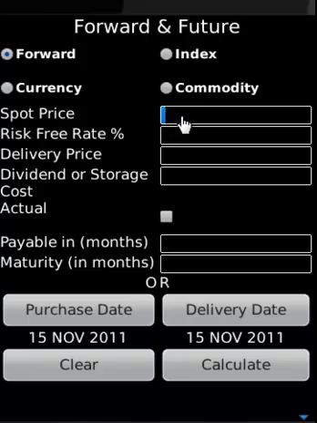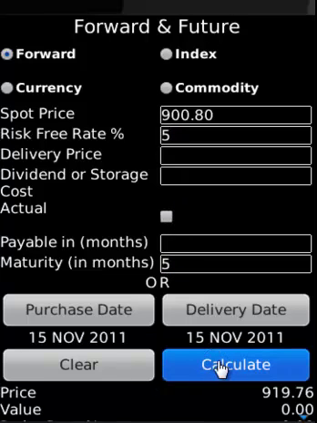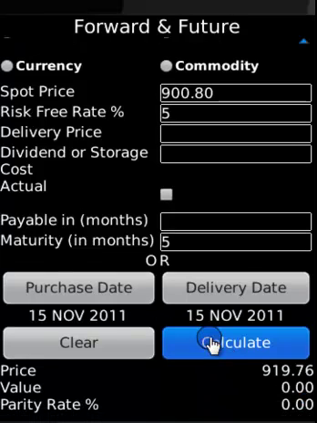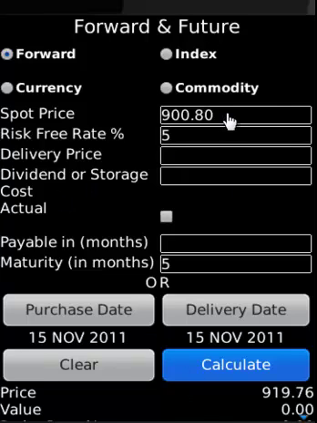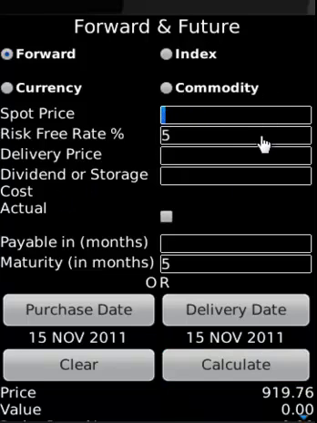Now let us perform one calculation. So we are doing a forward calculation, and here risk-free rate is 5% and the maturity is 5 months. So we're calculating price and value and parity rate. Okay, now let us do a different one.